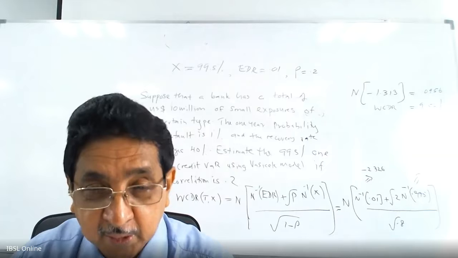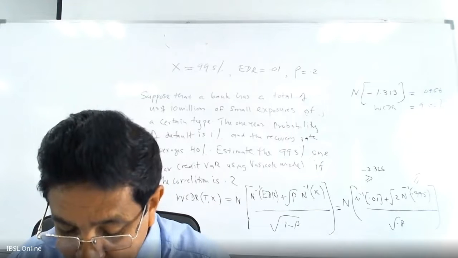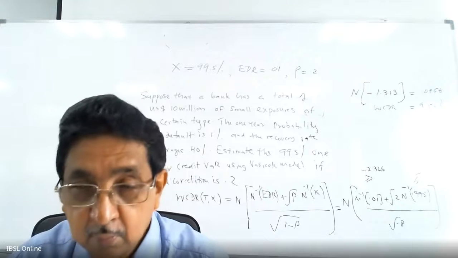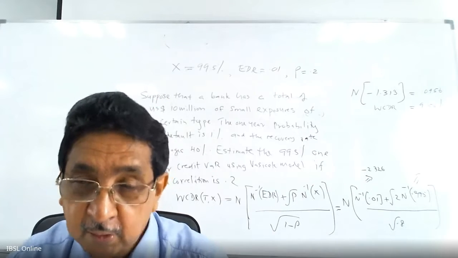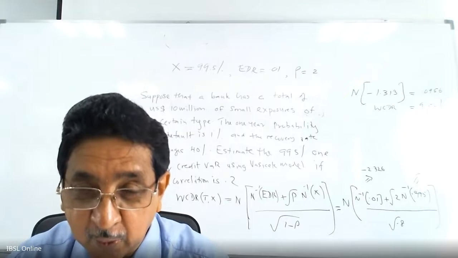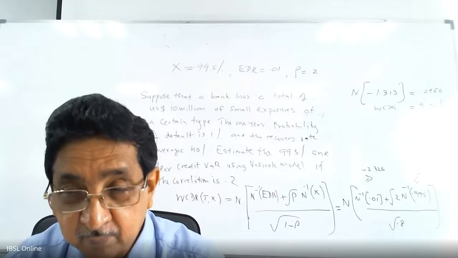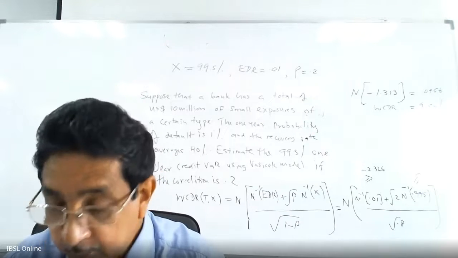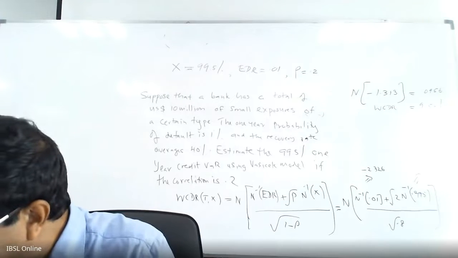Minus 1.313. 1.315 you got, okay, there's no issue. I think you made some rounding off or whatever. Yes, it's okay. For my figures, I got it as 9.45.